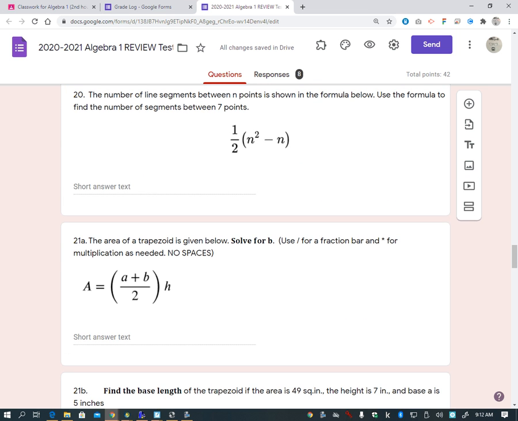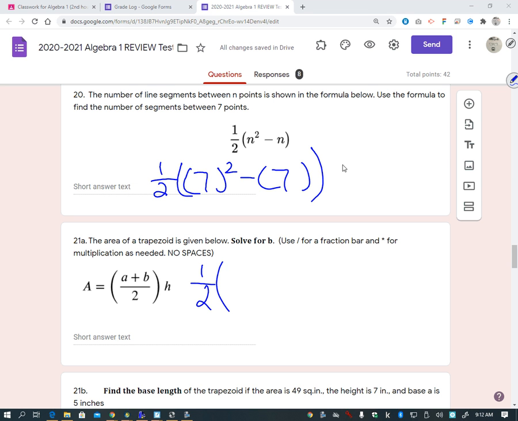Okay, I think we've seen this question a number of times, right? What do I do here? Substitute in for n, okay? What am I substituting in for n? 7. Okay, what do I do first?